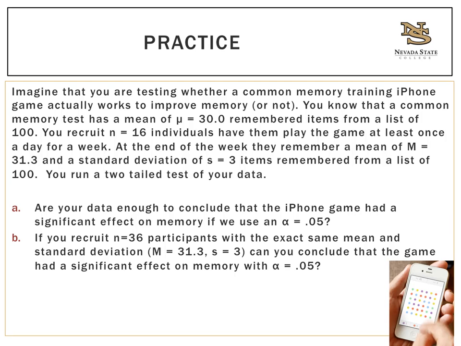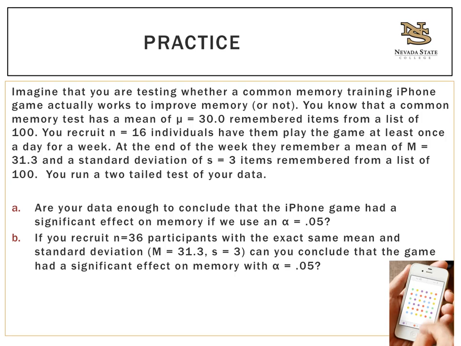So this is where research and hard numbers really come in. So let's say you know that a common memory test has a mean of 30 remembered items from a list of 100. So on average, people can remember 30 items from a list of 100 that they're given. You recruit 16 individuals and have them play this iPhone game at least once a day for a week, okay?